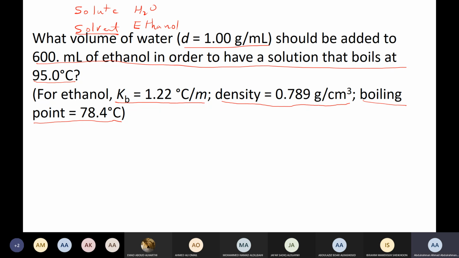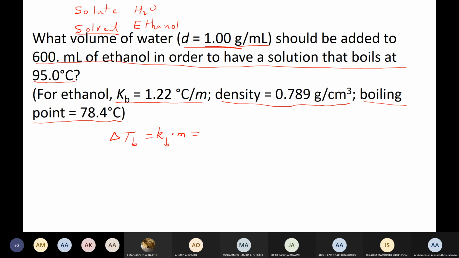The density of water is 1. Now I want to know delta T boiling, which is equal to what? Kb times molality. For molality, I need moles of solute divided by kilogram of solvent.